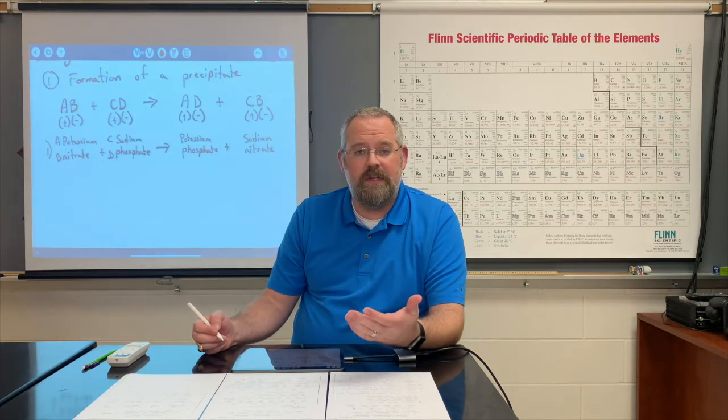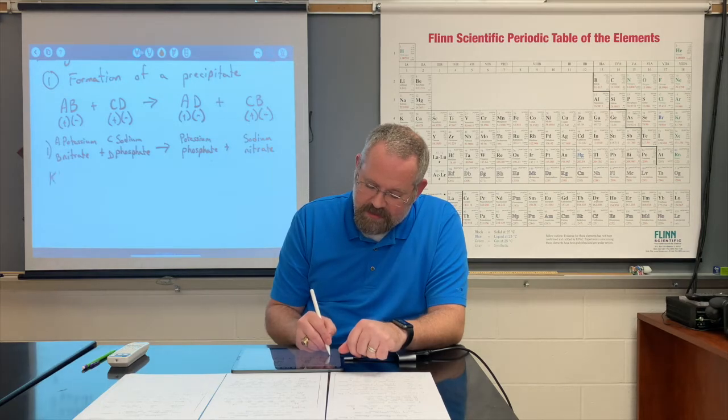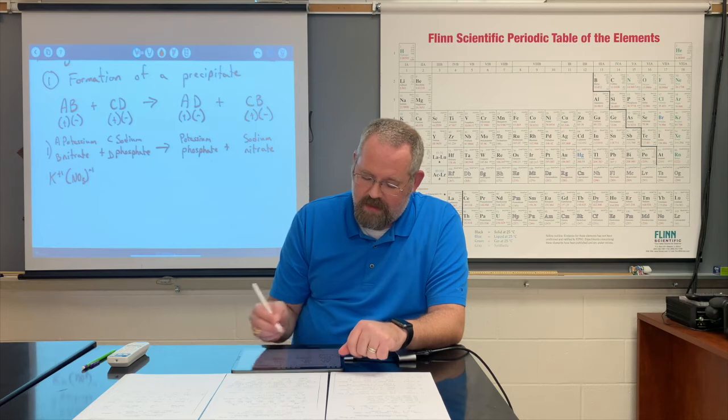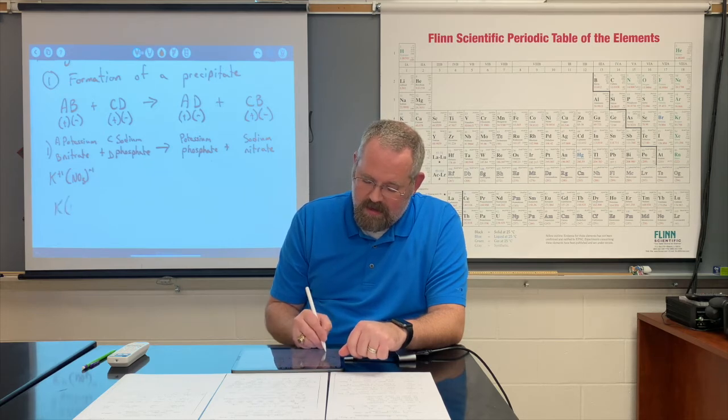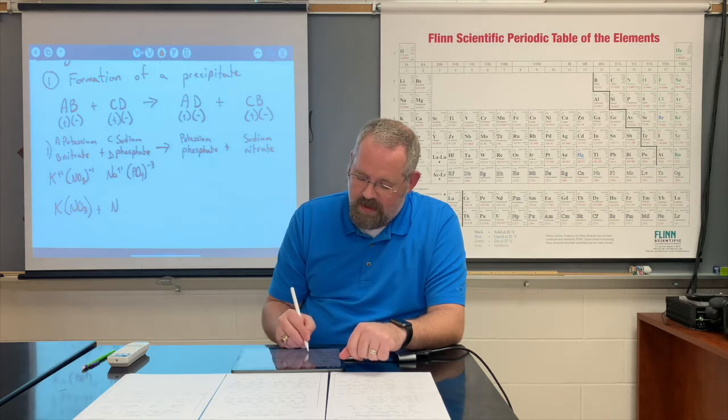And then we just need to write our formula. So potassium nitrate, potassium is a +1, nitrate is a -1. Put them together, I get KNO3. Sodium phosphate, sodium is a +1, phosphate is a -3. Put them together, Na3PO4.